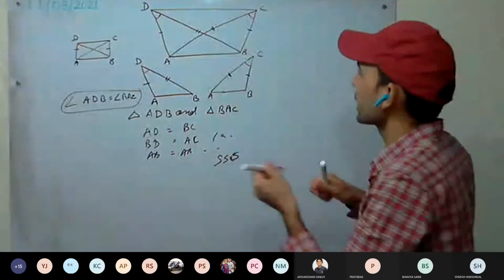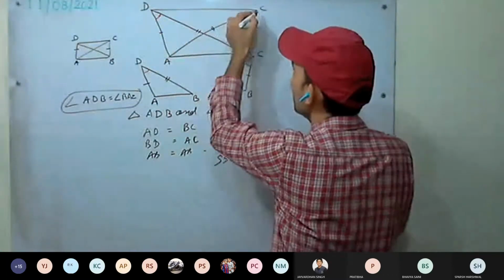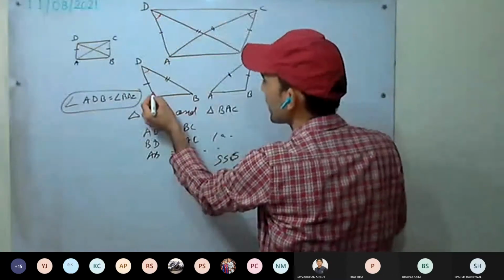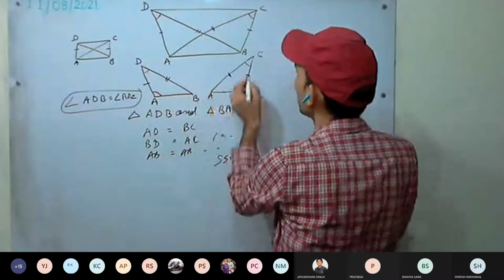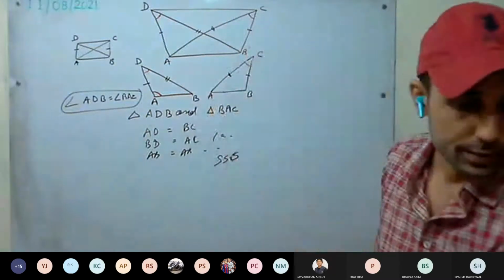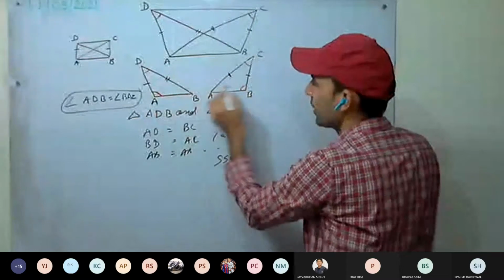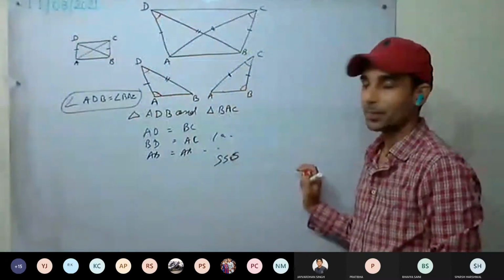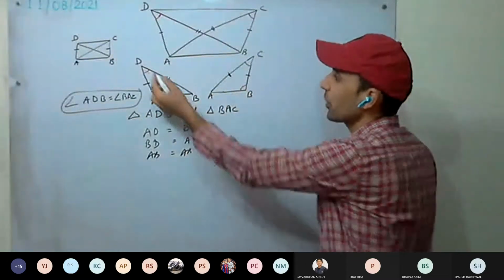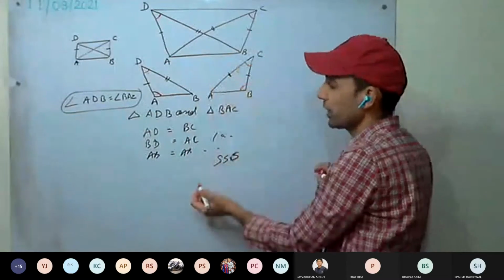Okay, second thing, angle DAB. What more we have to prove? Angle DAB, that is this angle equal to angle CBA. This angle equal to this angle. How are we going to prove this? We already proved these two triangles are congruent.